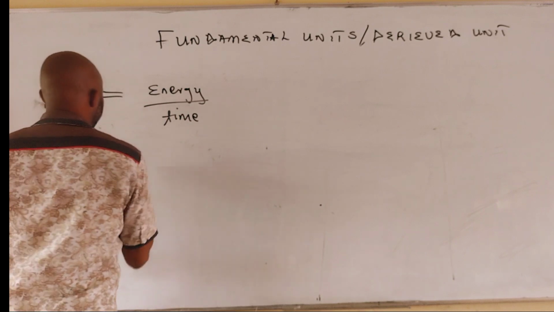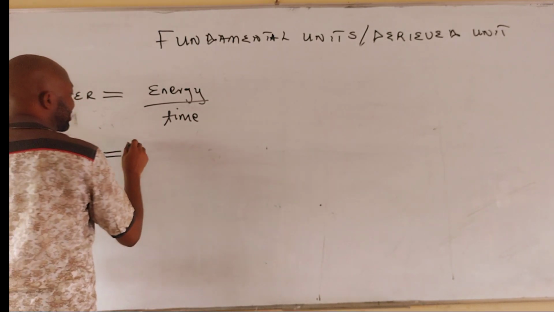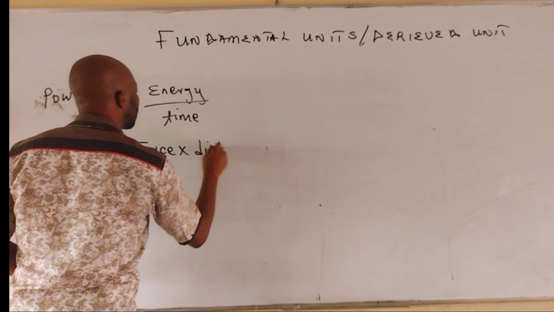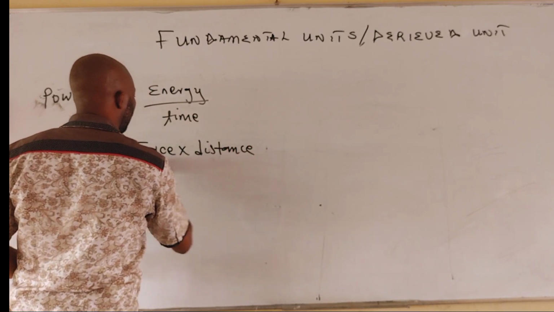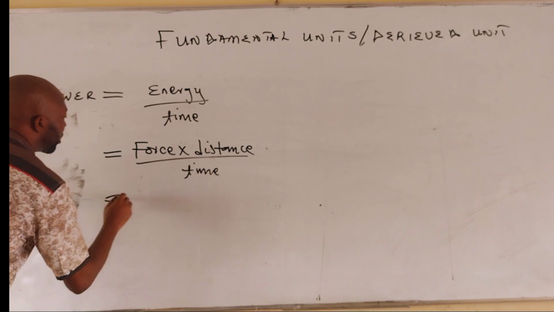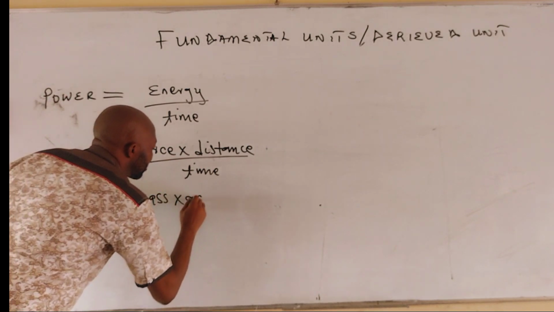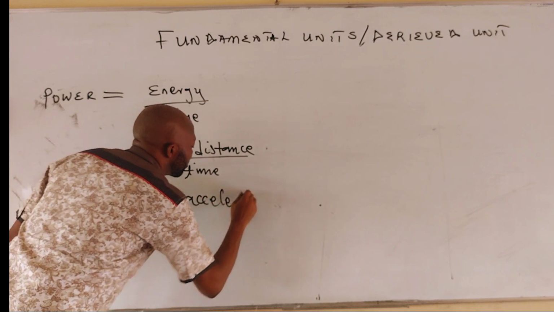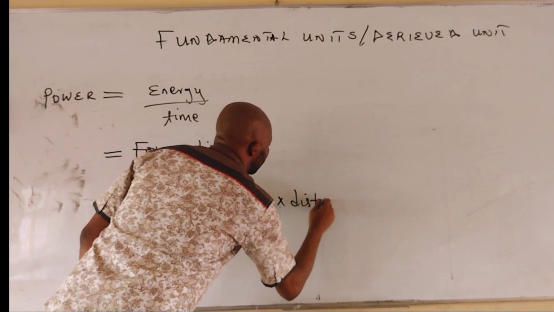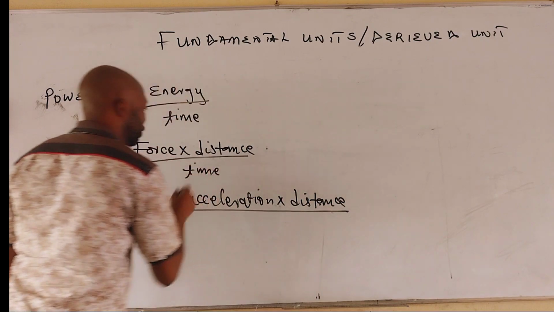And we said earlier that energy is work, and work is force times distance. So this is force times distance over time. And force is mass times acceleration times distance over time.